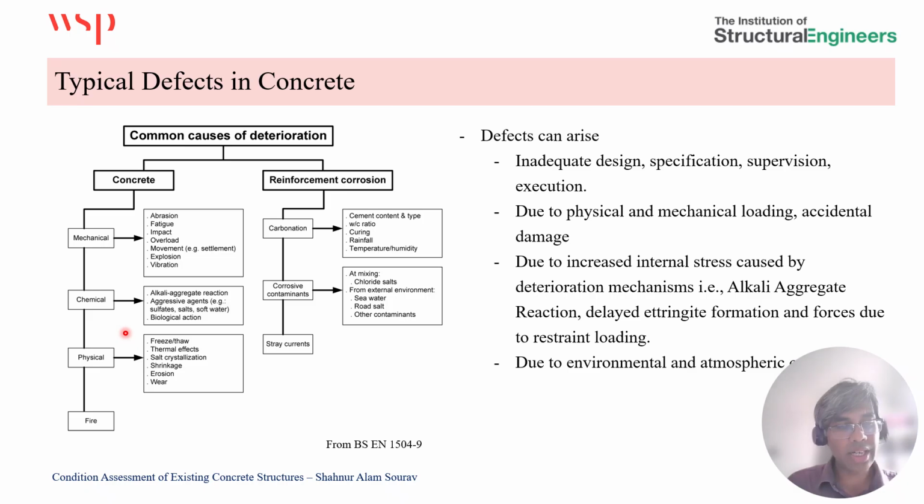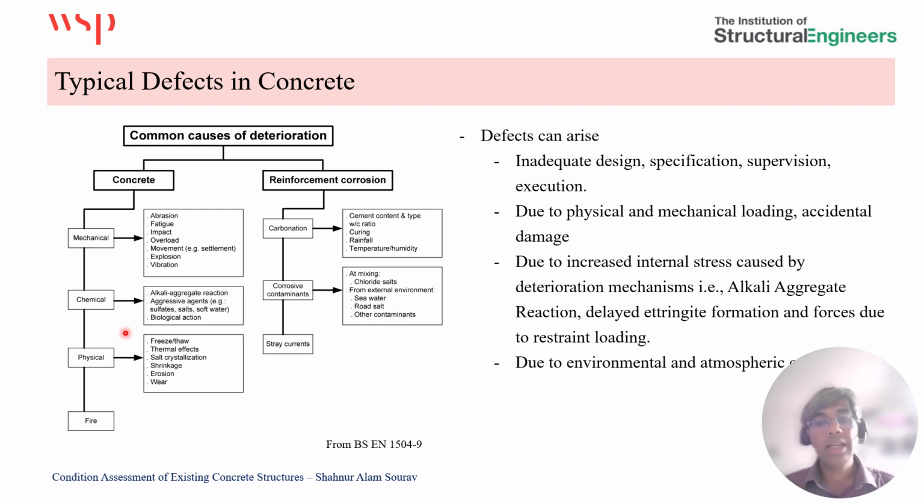And the deterioration can also happen due to physical process and fire. So in case of reinforcement, we mainly talk about the corrosion of the reinforcement. This can occur due to either carbonation or other corrosive material that can corrode the reinforcement in the process.